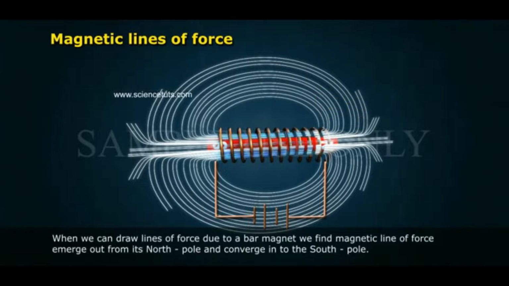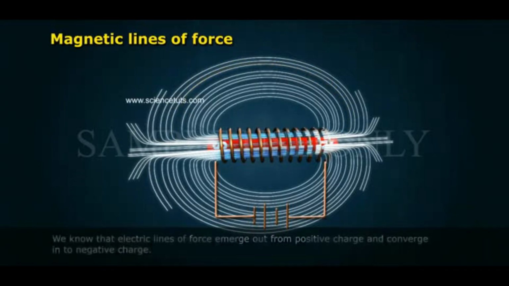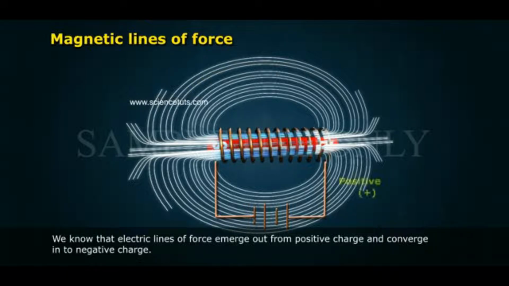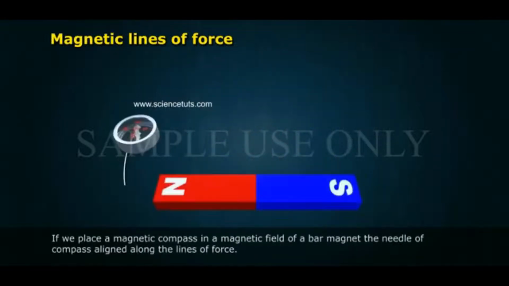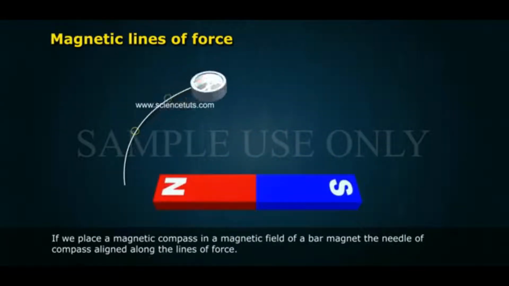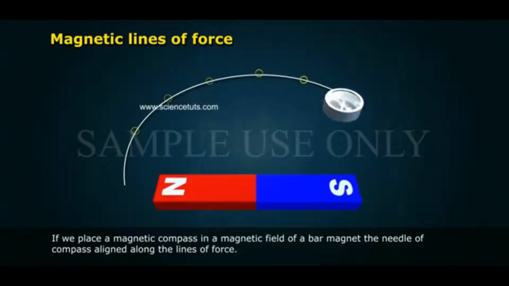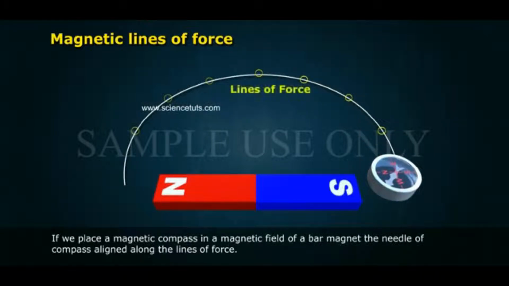When we draw lines of force due to a bar magnet, we find magnetic lines of force emerge out from its north pole and converge into the south pole. We know that electric lines of force emerge out from positive charge and converge into negative charge. If we place a magnetic compass in the magnetic field of a bar magnet, the needle of the compass aligns along the lines of force.